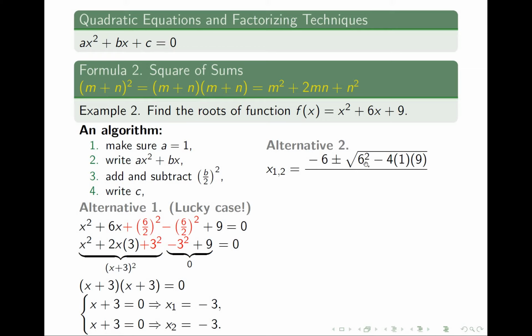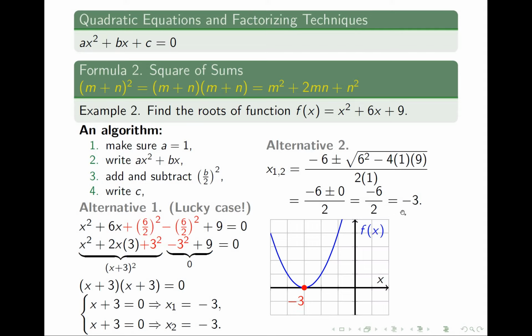The expression under the square root will be 0, and then we divide by 2a, which is 2 times 1. So minus 6 plus or minus 0 divided by 2 gives minus 6 divided by 2, which is equal to minus 3. So we have two roots, x1 and x2, both of them equal to minus 3.